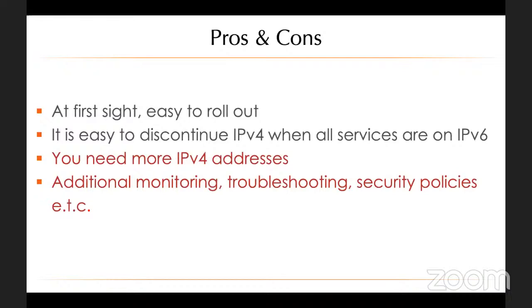Once you start deploying IPv6, sometimes you might forget to apply the same security policies that you have in v4 to v6. So these are some of the pros and cons. And of course, like Jordi mentioned, you still have the element of NAT, which again means additional OPEX and CAPEX, and you still need more IPv4 addresses.